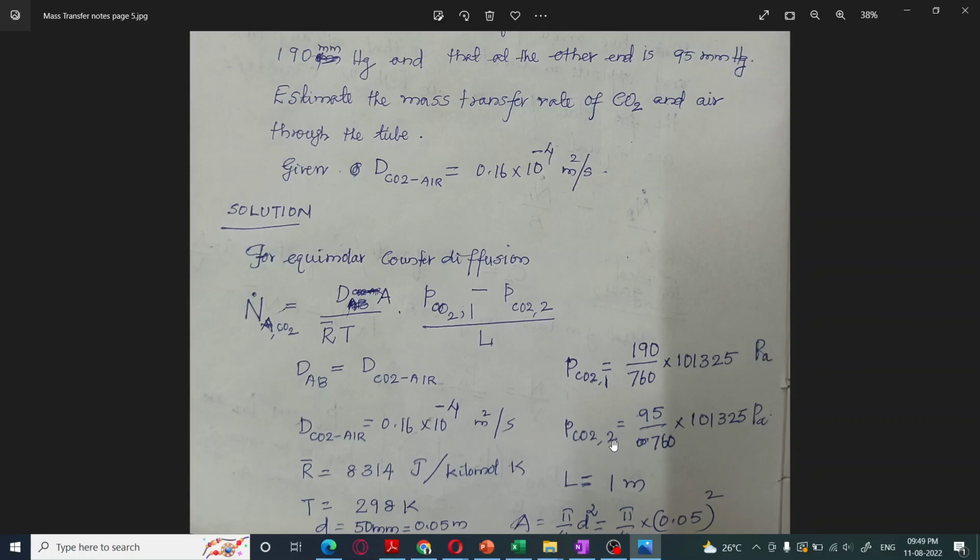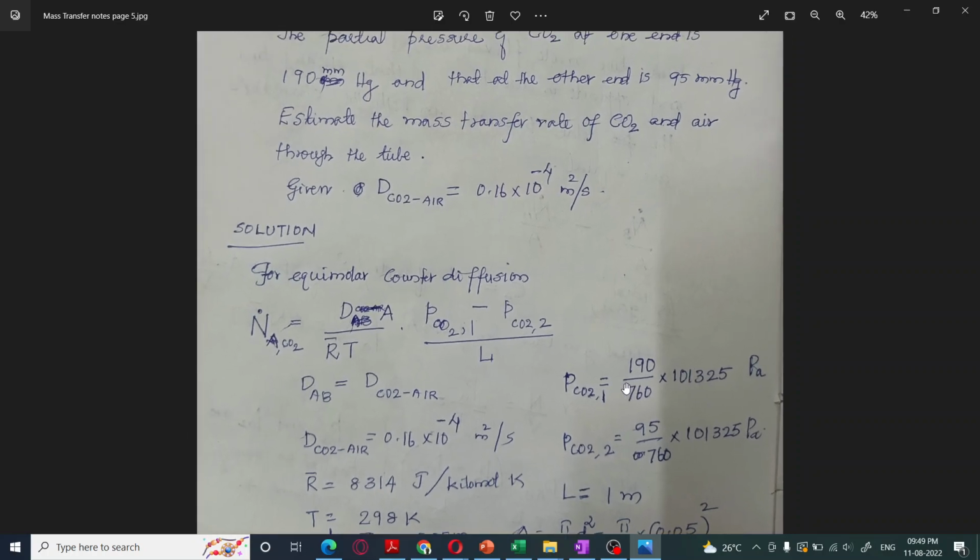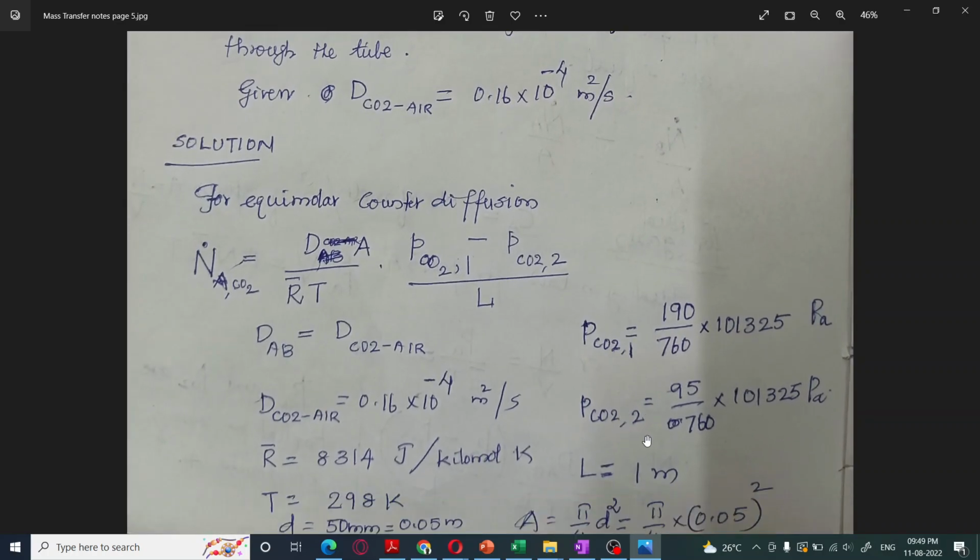Then P2 of carbon dioxide is 95 millimeters of mercury, converted like this: 95 by 760 into 101325. So this will be 0.25 into 101325, and this will be 0.125 into 101325 Pascal. We need to write them in terms of Pascal, proper SI.